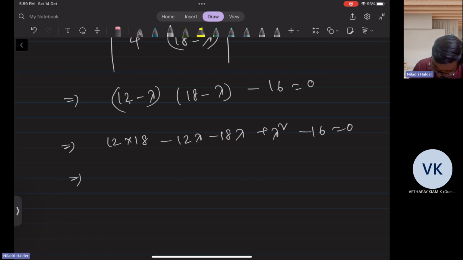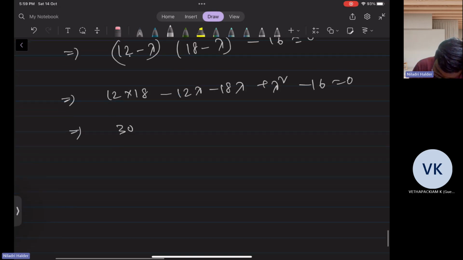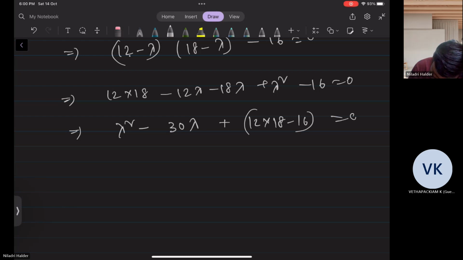So this is the 30. So lambda square minus 30 lambda plus 12 into 18 minus 16 equals 0. Can you calculate the value? 1 minute. 12 into 18 minus 16 is 200.